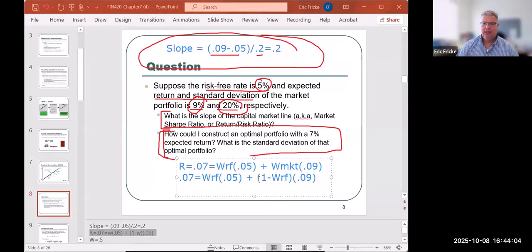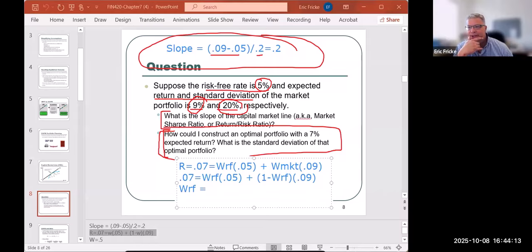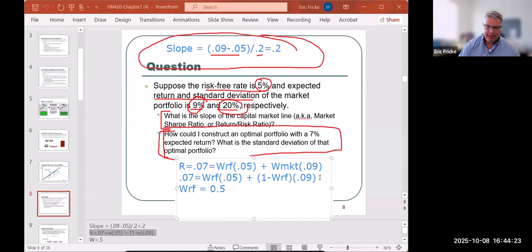Now if we go ahead and solve this equation for W risk-free, I'm not going to go through the algebra, check that out, but you're going to get 0.5. And so if W risk-free is 0.5, the weight on the market is going to be 1 minus the weight on the risk-free asset.